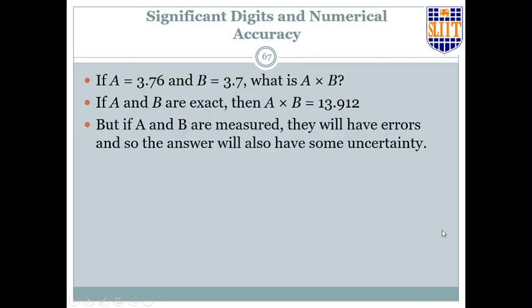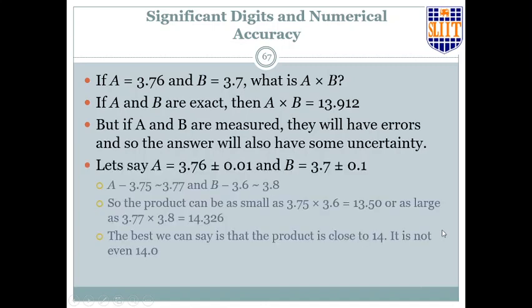But we know that they are measurements. If they are measurements, we have a tolerance, plus or minus the last digit. So the value can range over this range for A, this range for B, resulting in a result range from 13.50 to 14 point something.